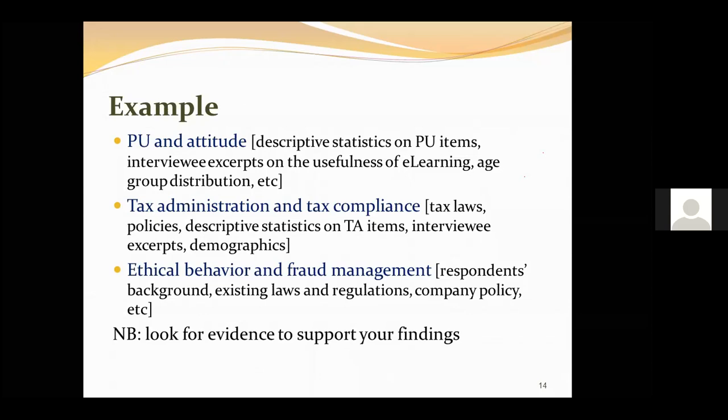There's a story about this age group that will help you to explain the reason why the result on the relationship between perceived usefulness and attitude turned out the way it did. For example, there is literature that supports that the youth, those young fellows, are more techno-savvy than the older ones. So when you say we are going e-learning, for them they'll see it as something easy, and they'll go for it because it will be easy for them to digest this thing and accept it.